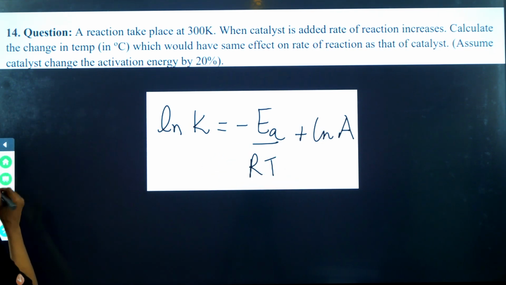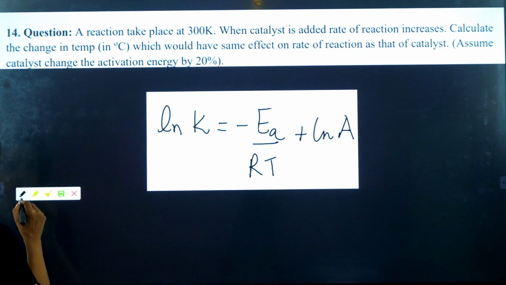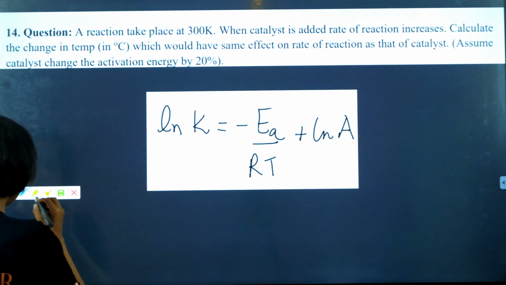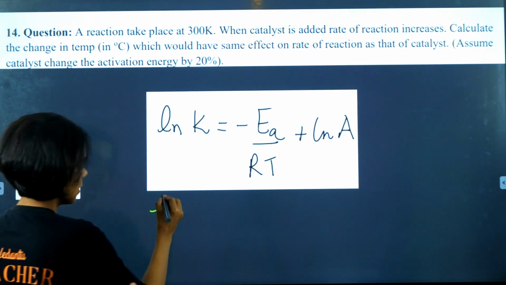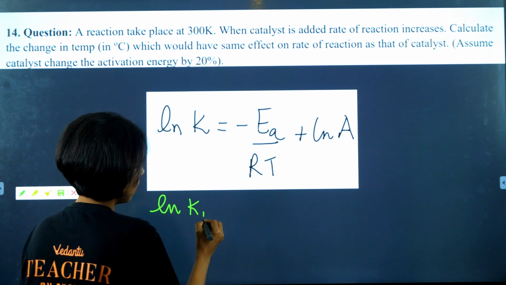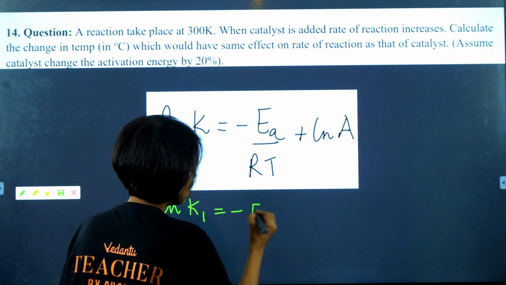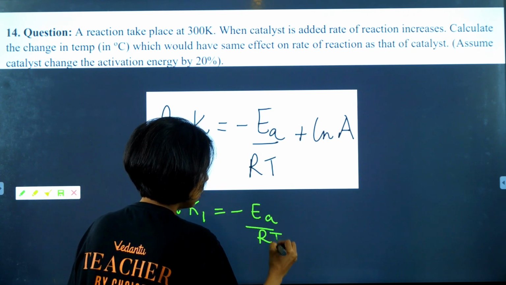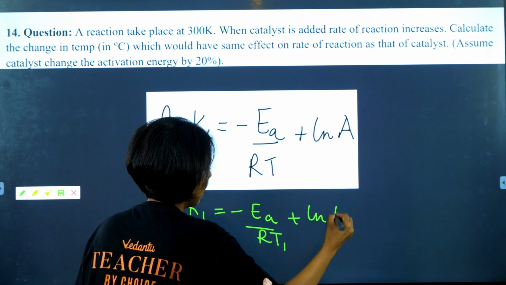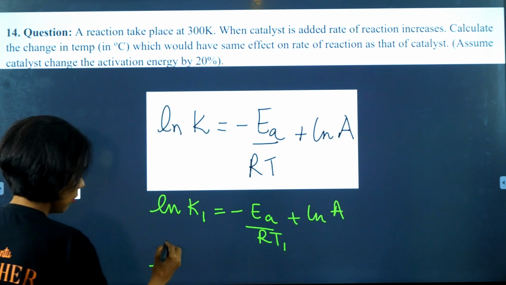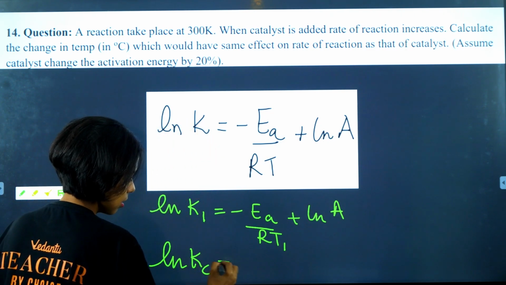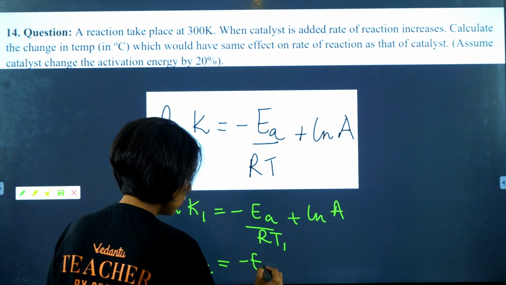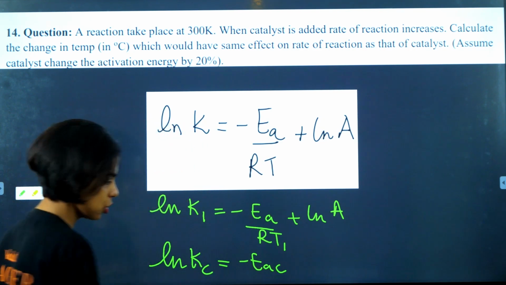Suppose without catalyst, let me write the equation: ln K1 = -EA/RT1 + ln A. When a catalyst is added, this is the new rate constant Kc, and the new activation energy is EAC.